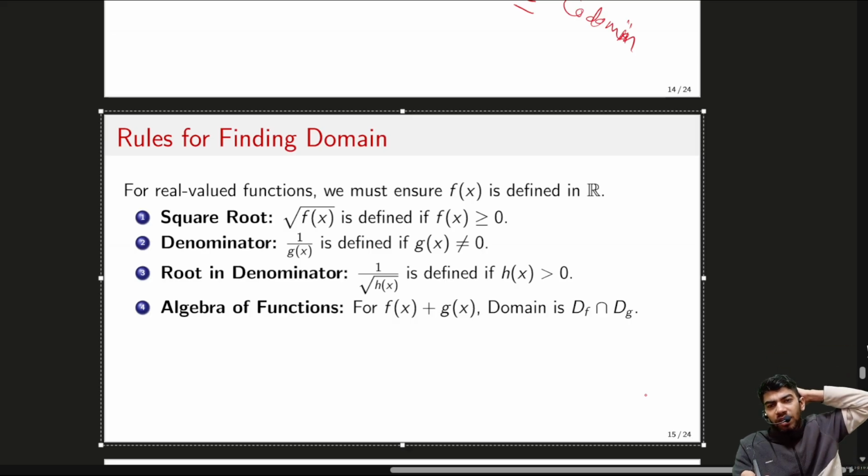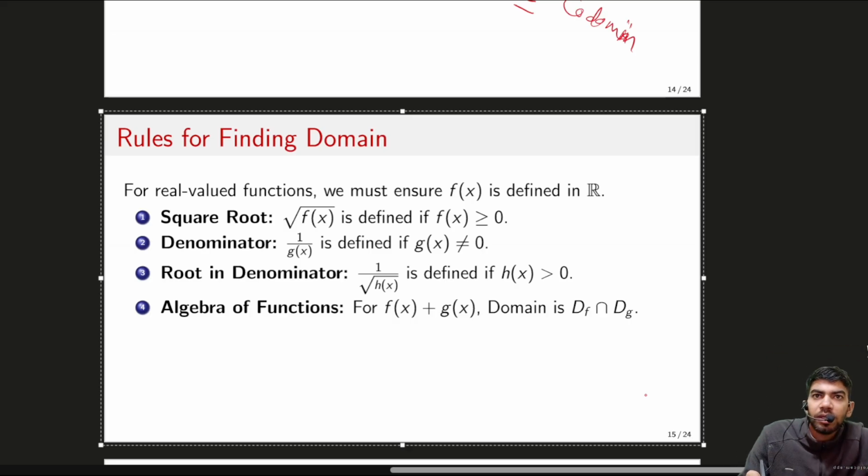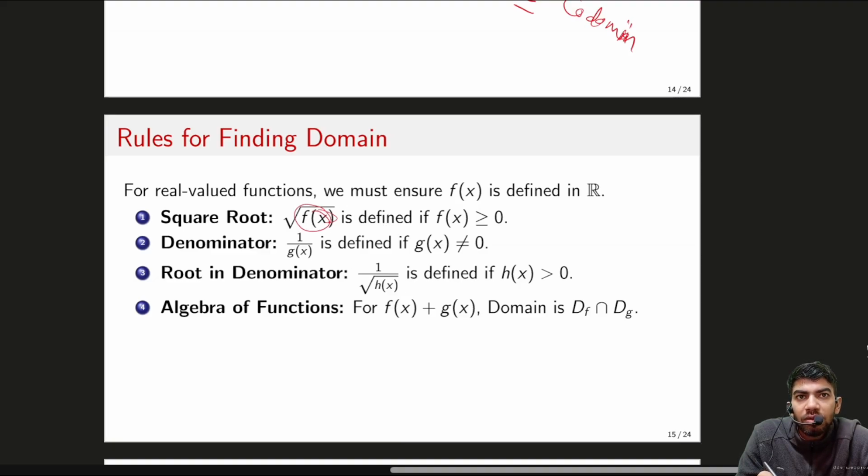So, the rules for finding the domain. First of all, my function must be defined in R. Suppose root of f(x) is defined if f(x) must be greater than or equal to 0. If my function is 1 upon g(x), it is defined if g(x) is never 0 at any point of x.